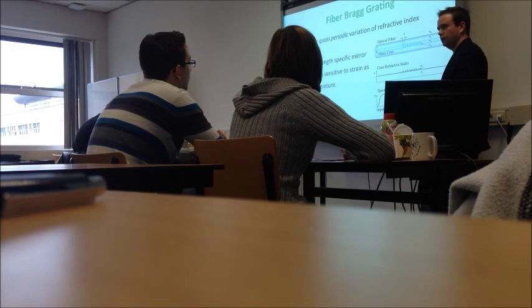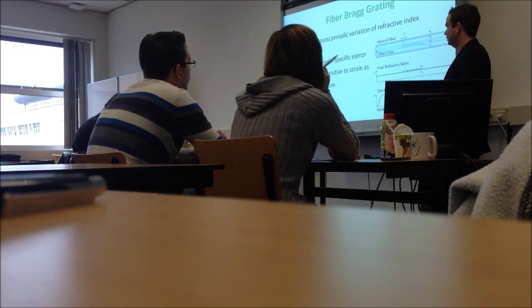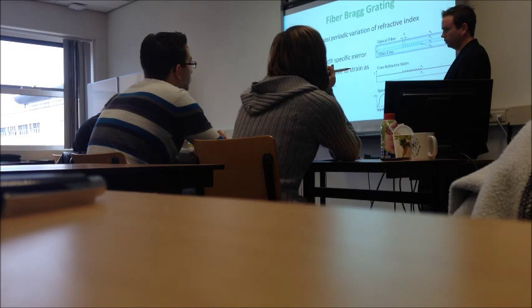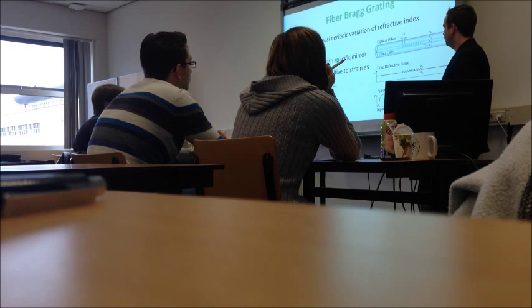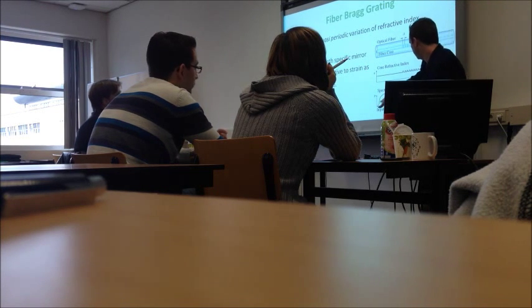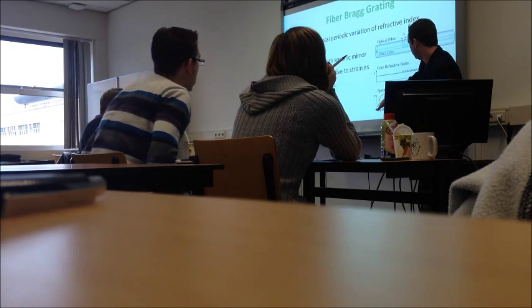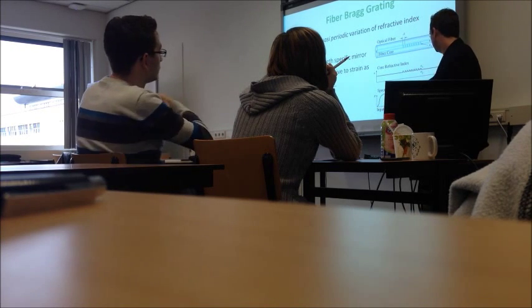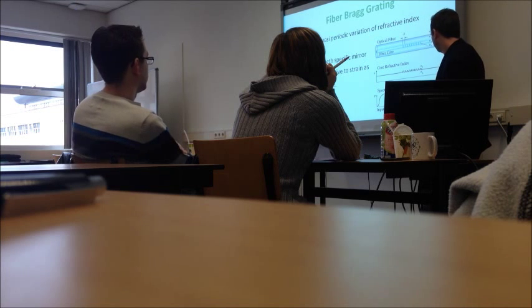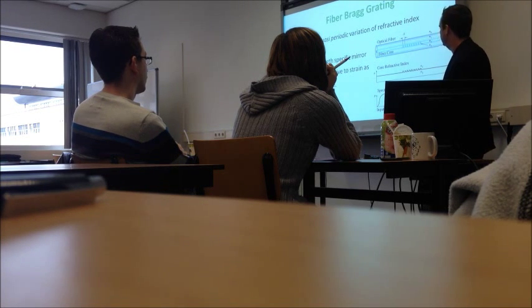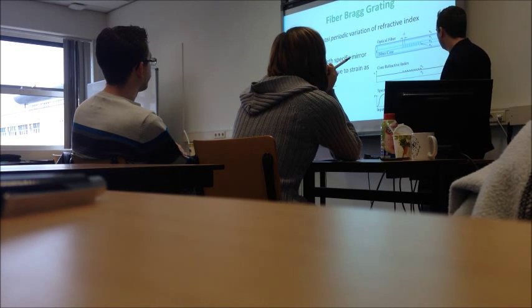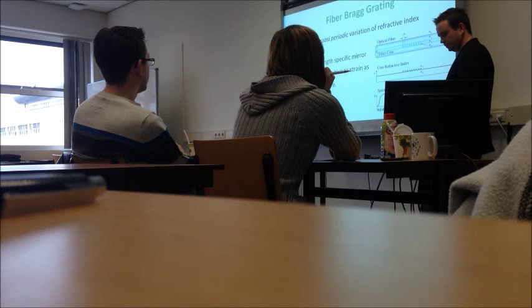Those gratings act as a wavelength-specific mirror. As you can see here, of the input in the fiber, a part will be transmitted and a small part will be reflected. And this small part is sensitive to strain as well as temperature.